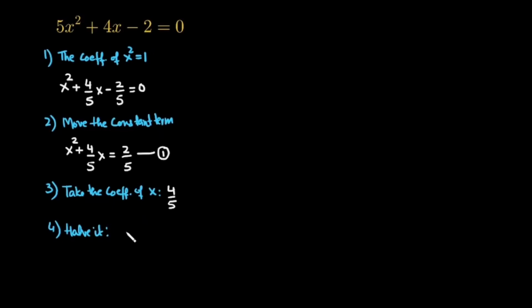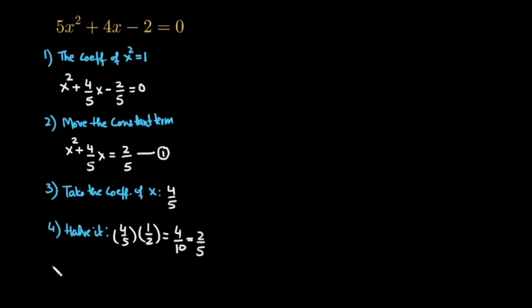So 4 over 5 multiplied by 1 over 2 is equal to 4 over 10. This is further equal to 2 over 5.